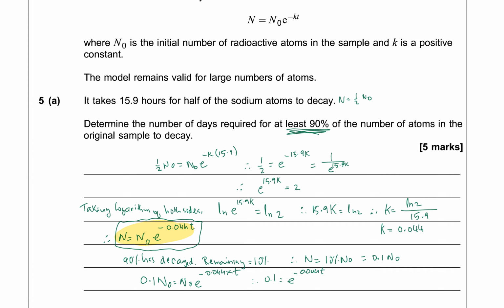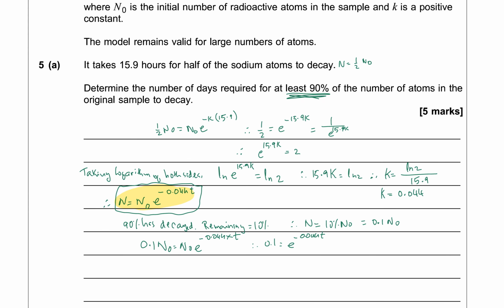Therefore I can write 0.1 equals e to the power minus 0.044t. Once again, 0.1 is 1 over 10, and that is equal to 1 over e to the power 0.044t. Therefore e to the power 0.044t is equal to 10. Again we need to take the logarithm of both sides.